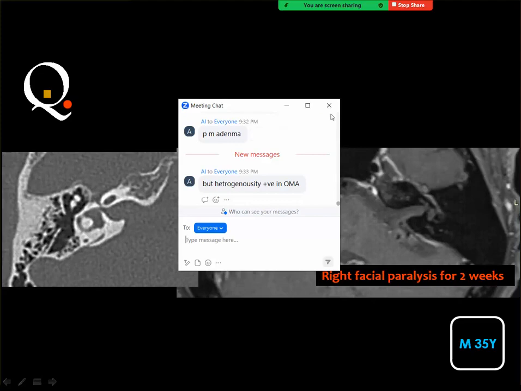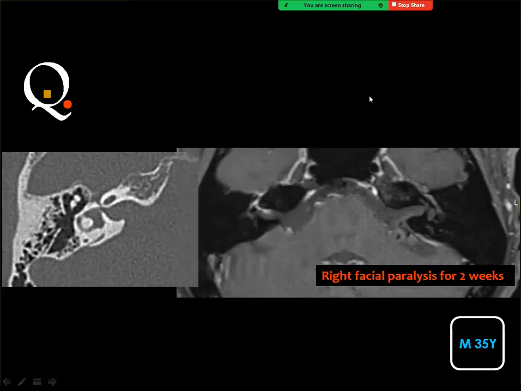Yes, the heterogeneity does not make pleomorphic adenoma less of a possibility.